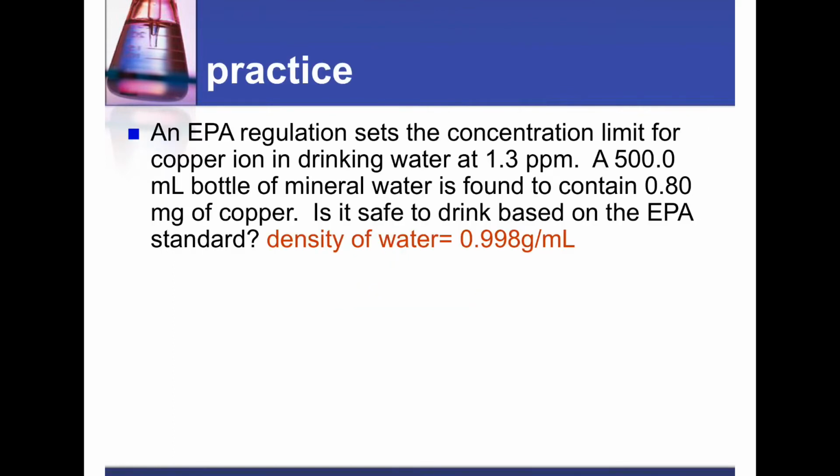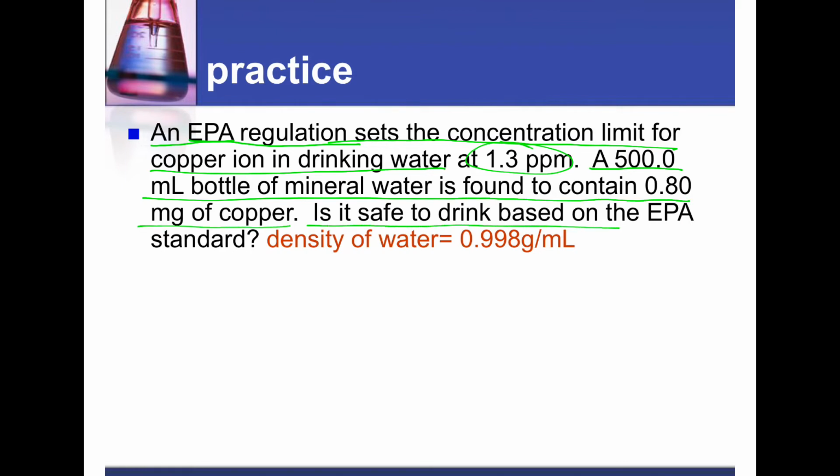Let's practice our parts per million calculation by doing this one. This problem says that the EPA, the Environmental Protection Agency, its regulations set the concentration limit for copper ions in drinking water at 1.3 parts per million. A 500 milliliter bottle of water is found to contain 0.8 grams of copper.